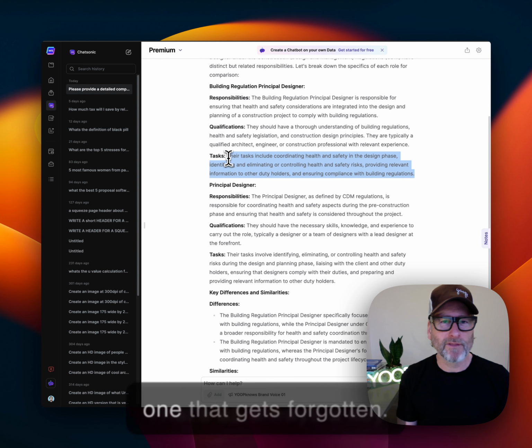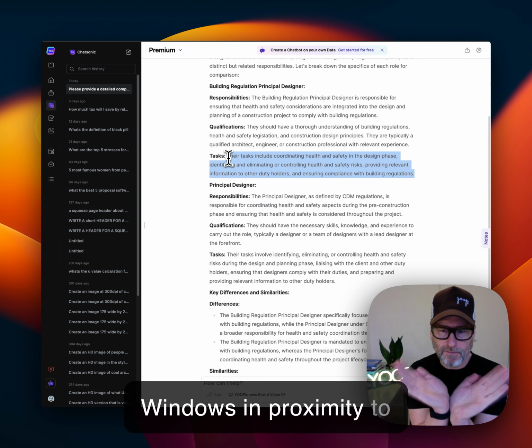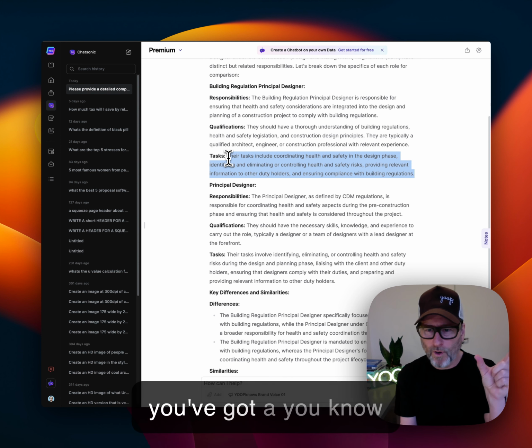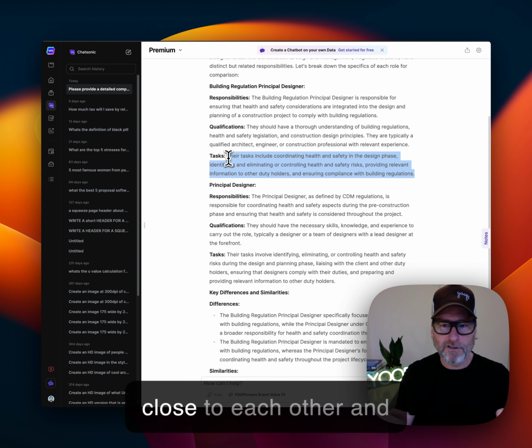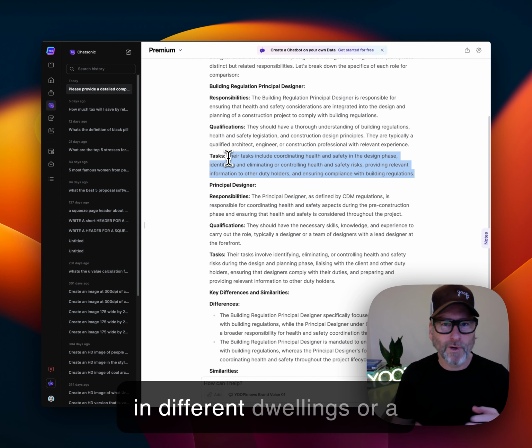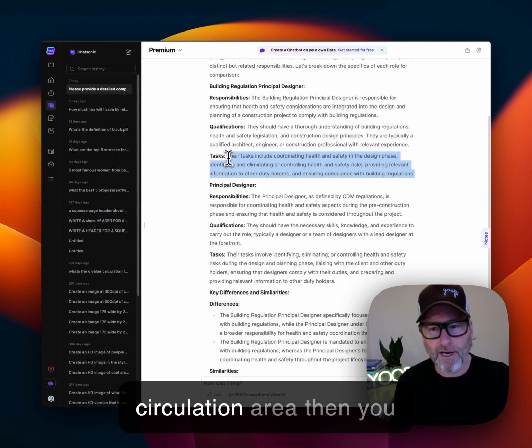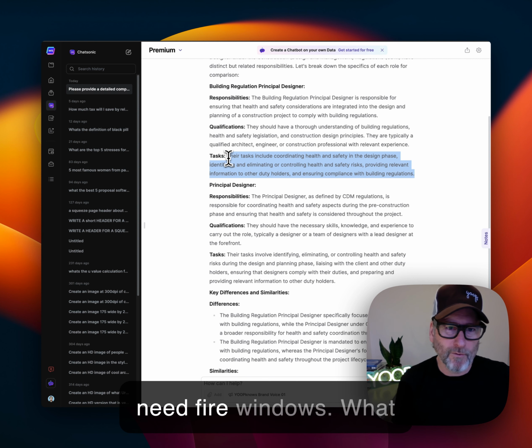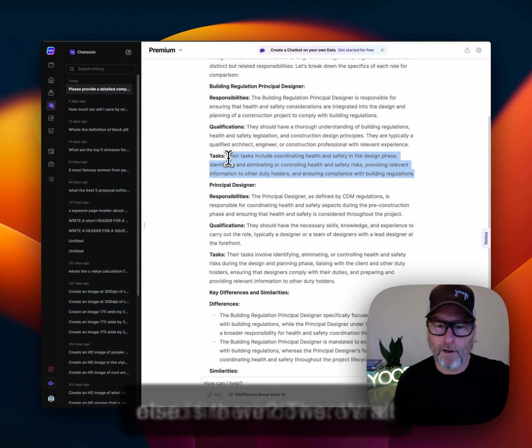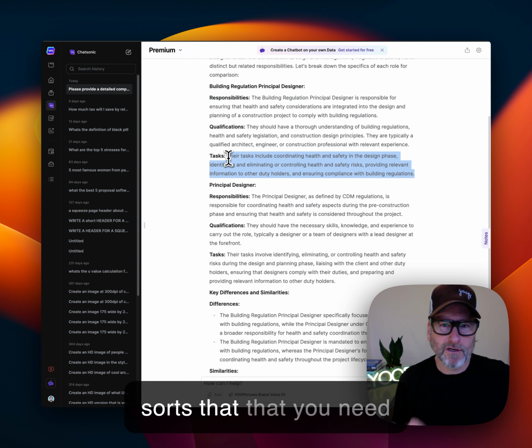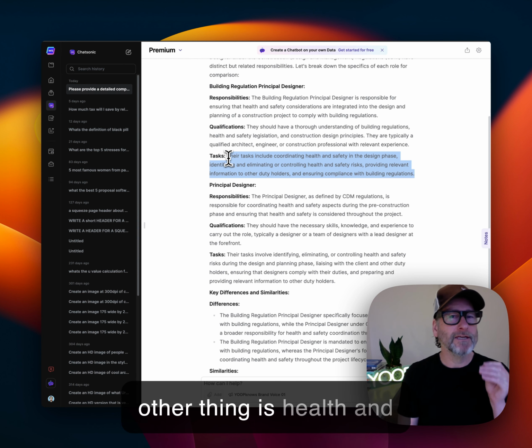That's always a key one that gets forgotten. Windows in proximity on corners, where if you've got 2 windows that are too close to each other and in different dwellings or a circulation area, then you need fire windows.